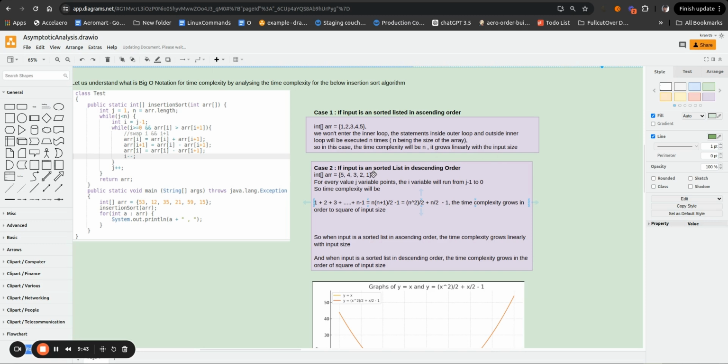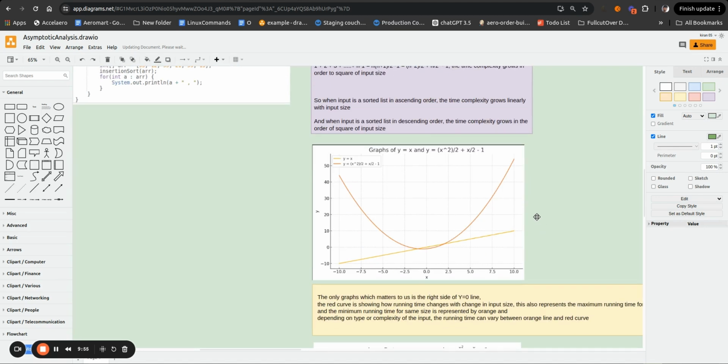When the input is in descending order, the time complexity is a quadratic equation, so it is growing in terms of the square of the input size. If you plot the graph on this xy axis, with x being the size of the input and y being the time complexity.